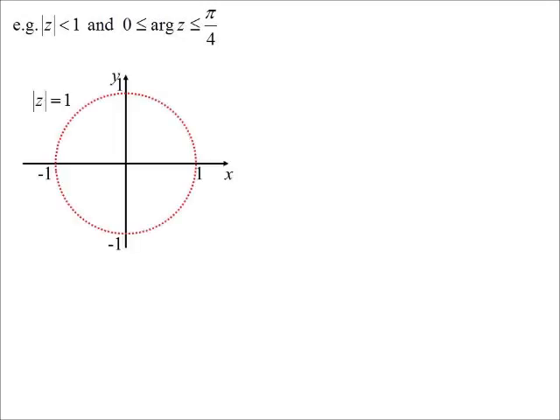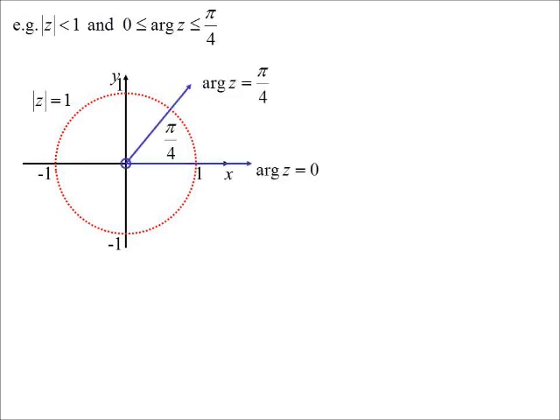And then the other part, we also want all the numbers such that their arguments are in between 0 and pi on 4. So we've got a couple of rays. So let's draw it up. There's our circle. It's dotted because the boundary is not included, but the boundary is mod z is equal to 1. We know we're inside that circle.